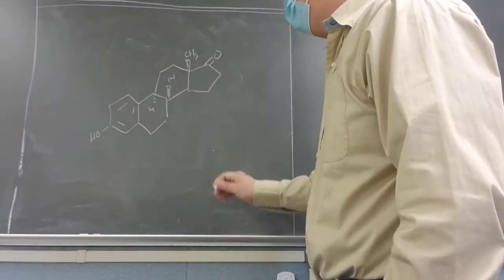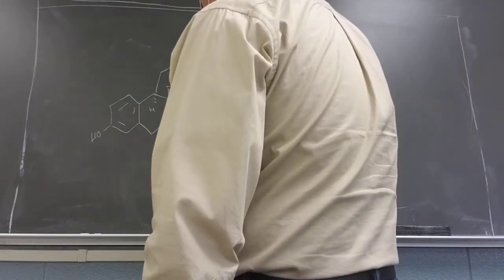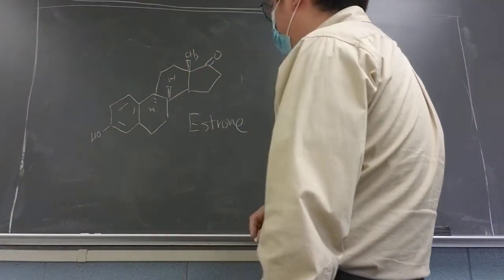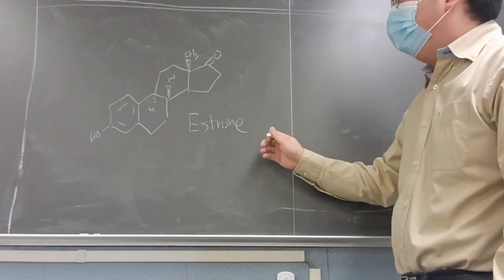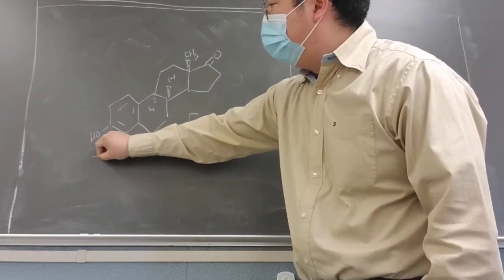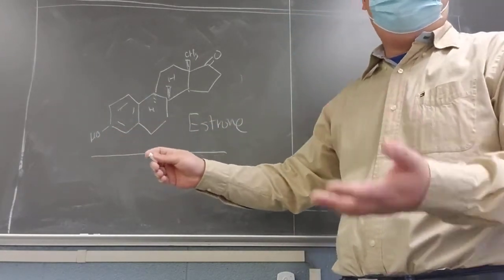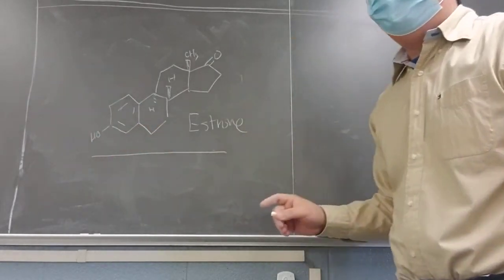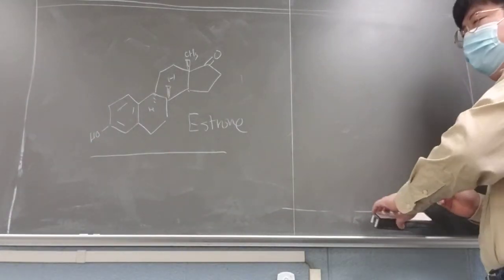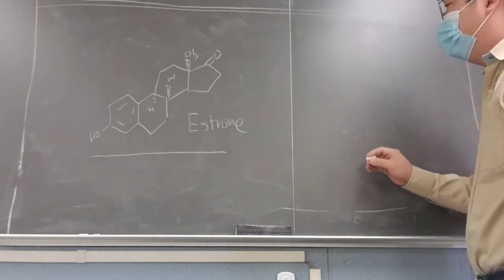So this is estrone. This is a minor version of estrogen, which is a female hormone. As you can see, unlike other typical steroids, it also has a benzene ring structure over here, which is also important in body regulation.